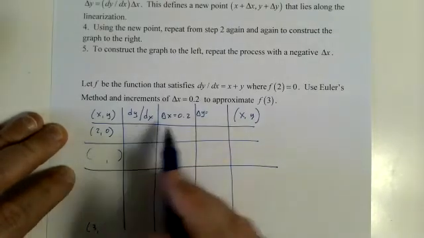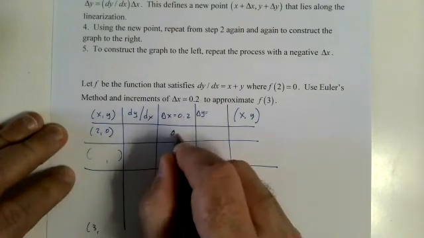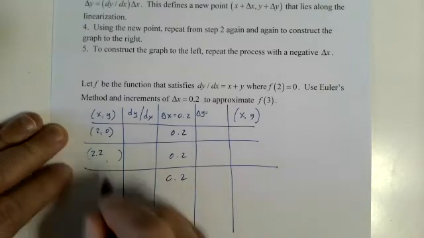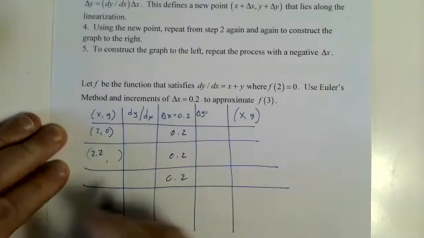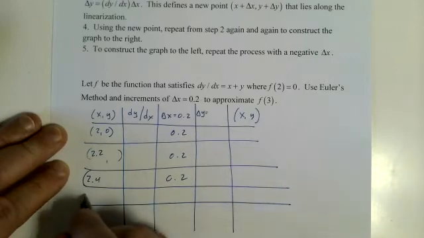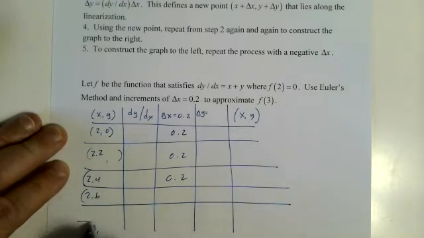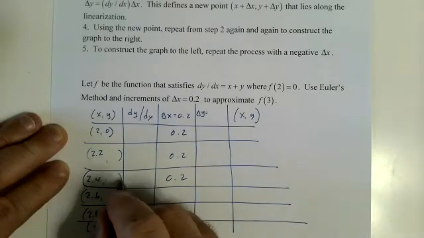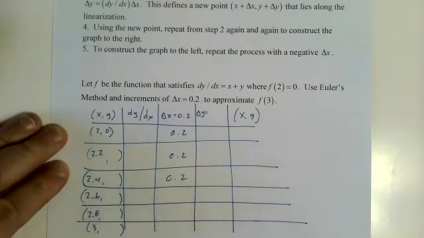I can already tell you the x's go by 0.2s. This will be 2.2, this will be 2.4, this will be 2.6, this will be 2.8, and we're done.